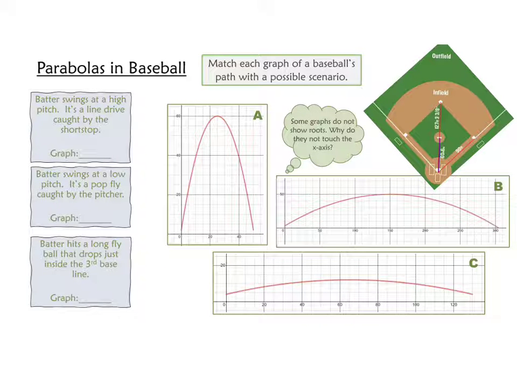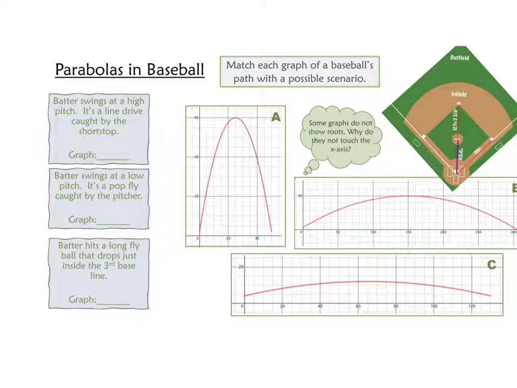Parabolas in baseball. Match each graph of a baseball's path with the possible scenario. Well, let's take a look. A batter swings at a high pitch. It's a line drive, and it's caught by the shortstop. Well, this A does not look like a line drive.